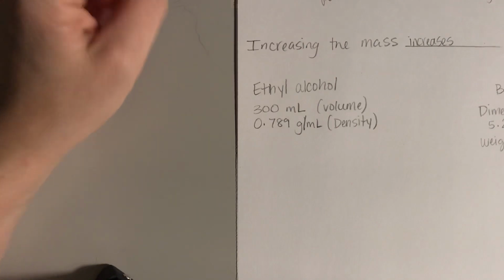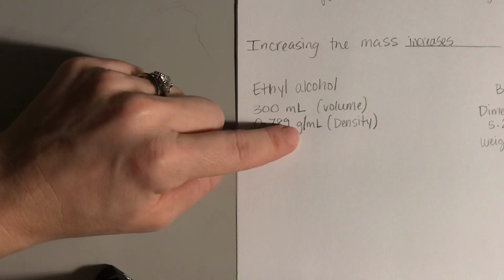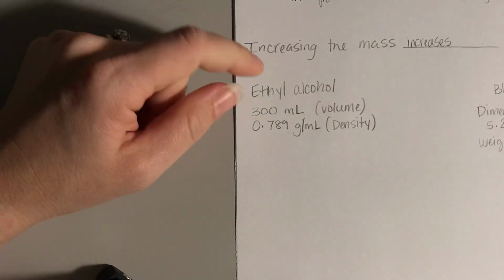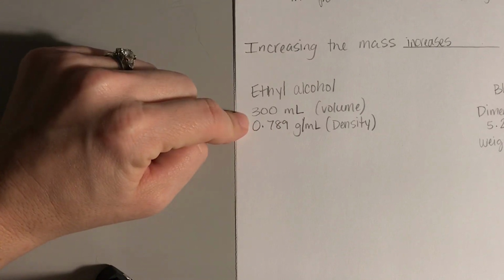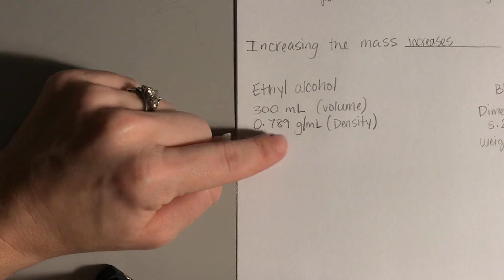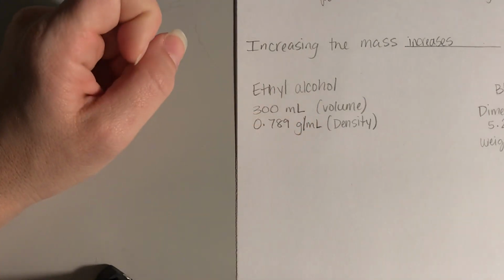Okay, so for this next one, determine the weight of ethyl alcohol that exactly fills a 300 milliliter container if the density of the ethyl alcohol is 0.789 grams per milliliter. So they tell us that the volume is 300 milliliters and the density is 0.789 grams per milliliter.